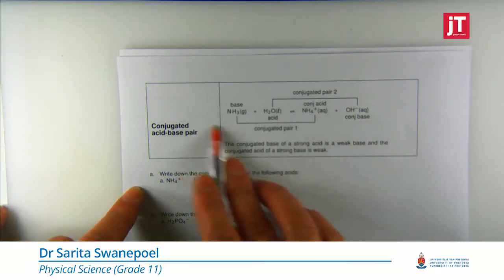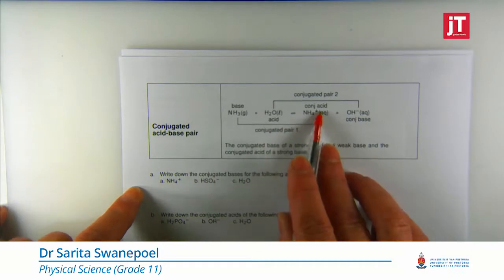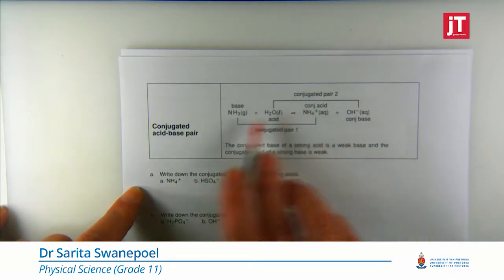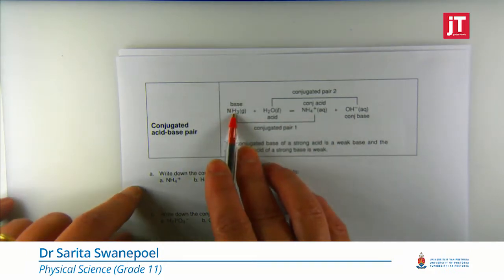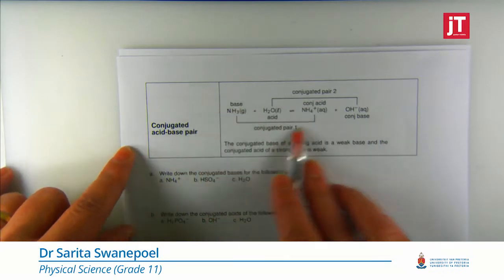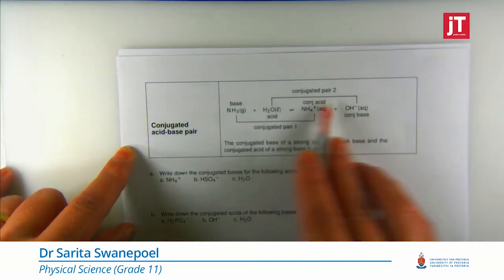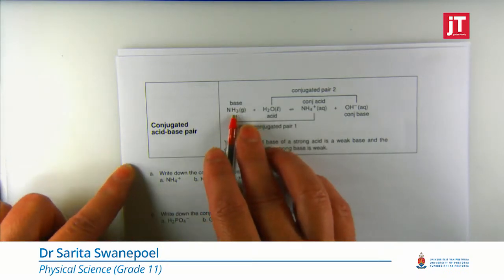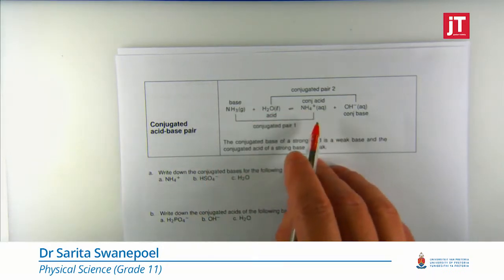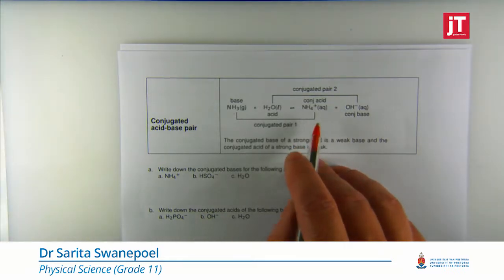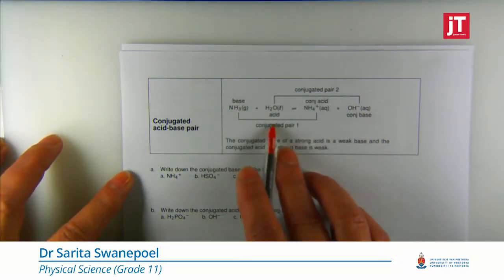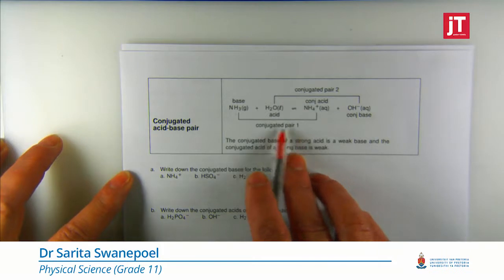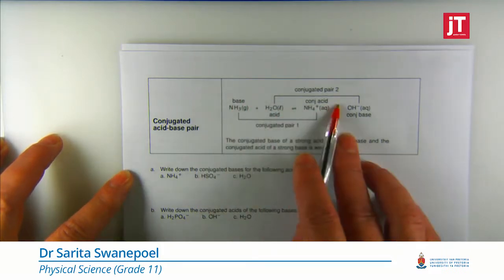And if you gain an H plus, this one is a base, because a base receives the proton. We'll get to that soon, but look at those two. They just differ by one H plus, and therefore we call them a conjugated pair.